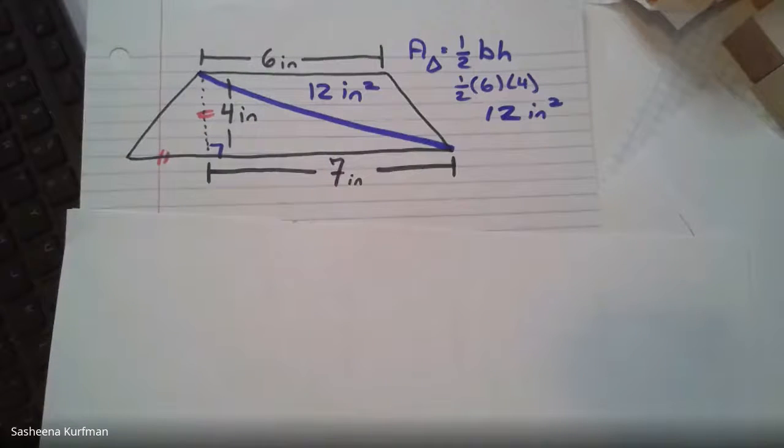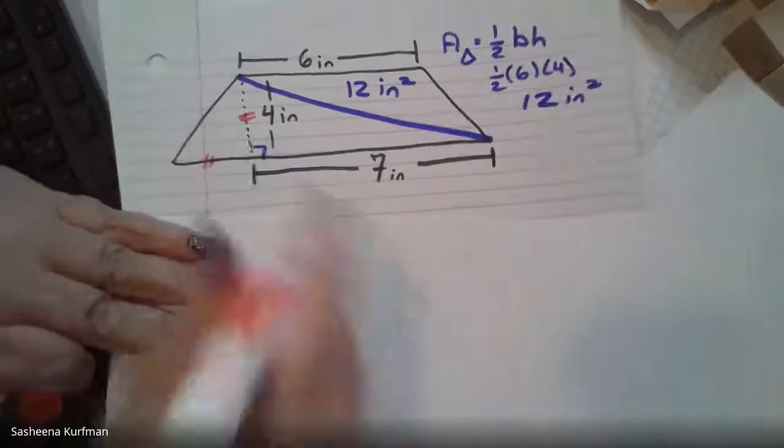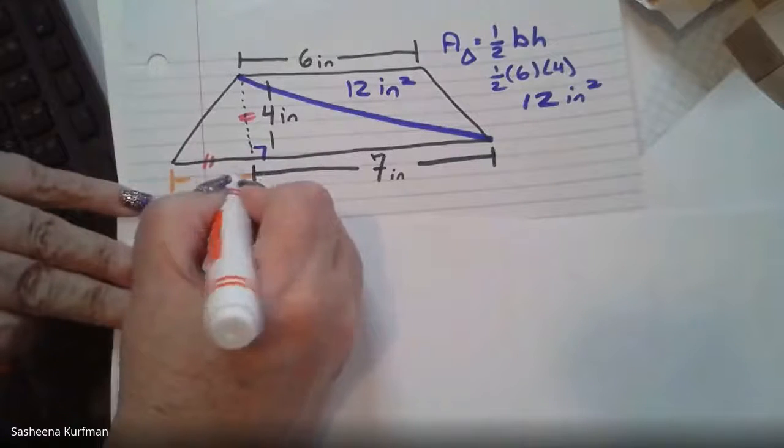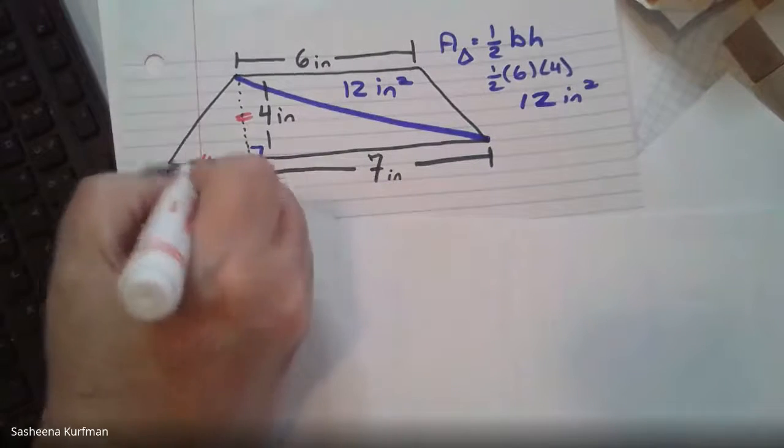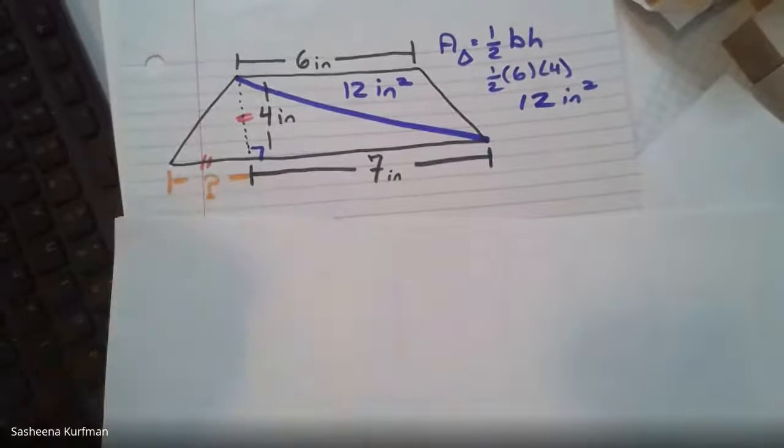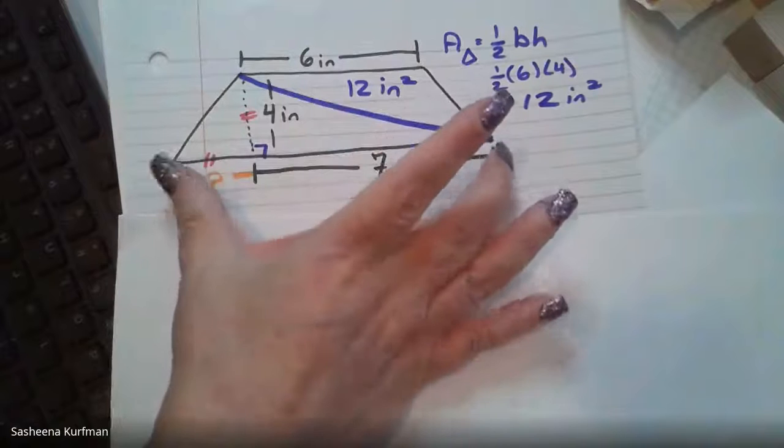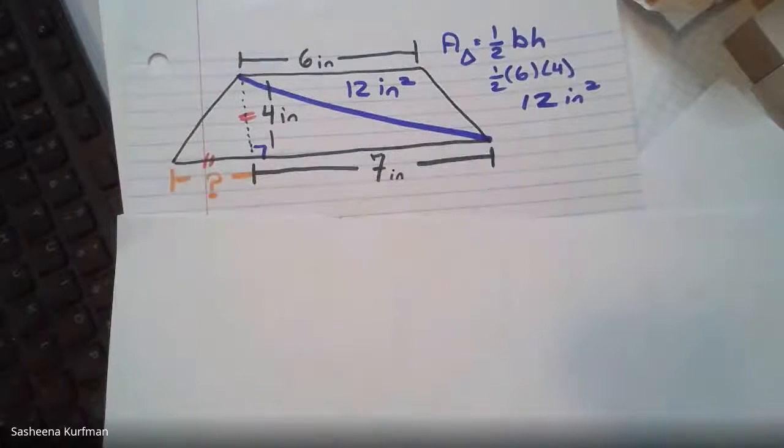Now the next one is a little bit more tricky. In order to figure out what the base is, we also need to figure out what this length is, because the base of this second triangle goes all the way from here to here.